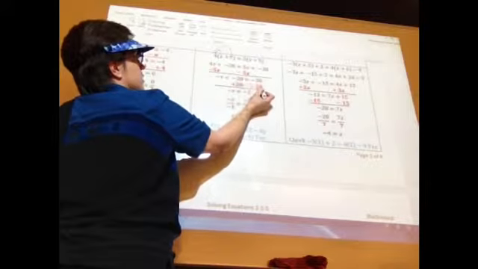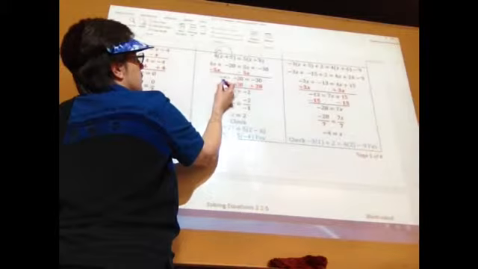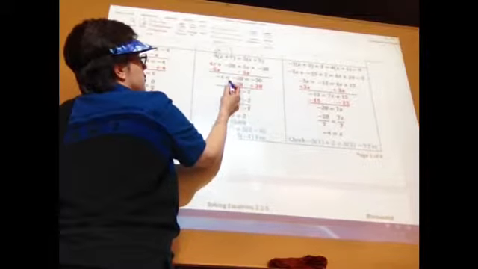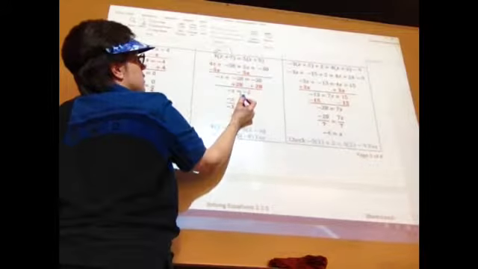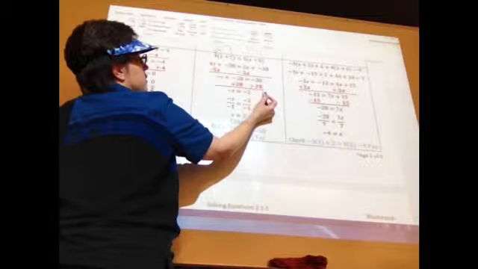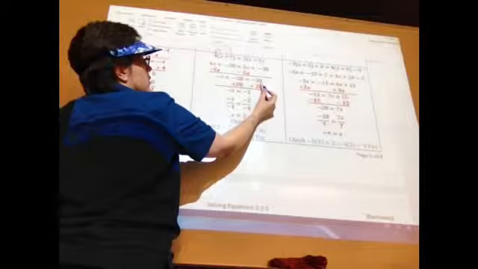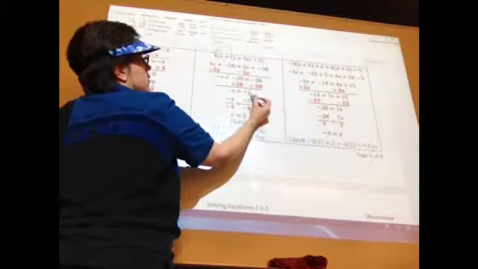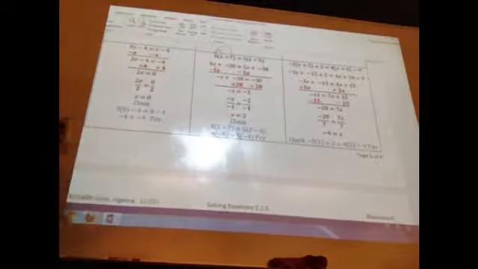Do it to both sides of the equation. So I have a minus x plus negative 28 plus positive 28 is 0 equals, so negative x equals negative 30 plus positive 28 is more negative than positive, so I have a negative. Larger digits minus smaller digits gives me a 2. So I have negative x equals negative 2.